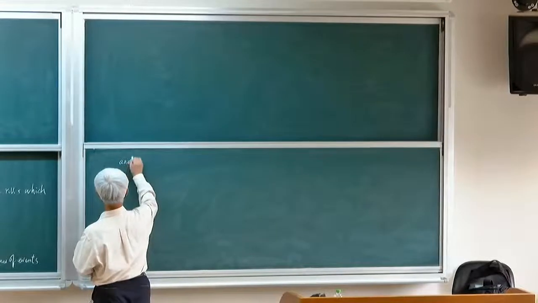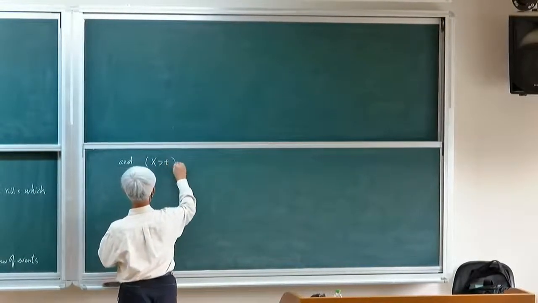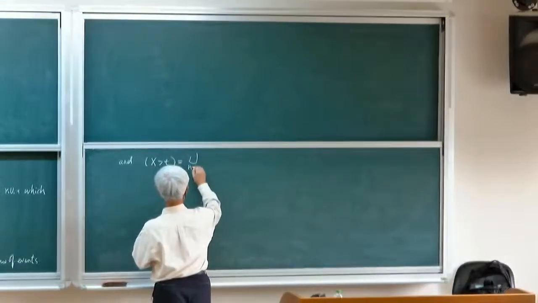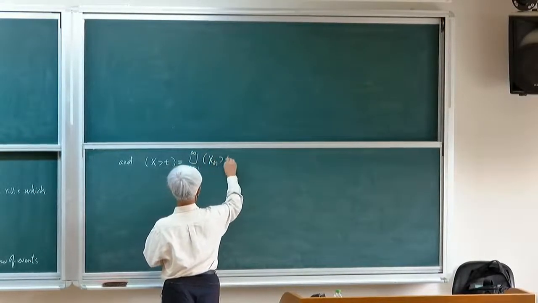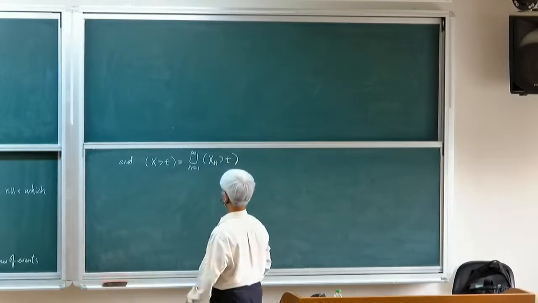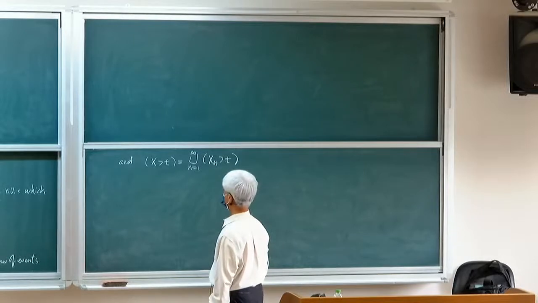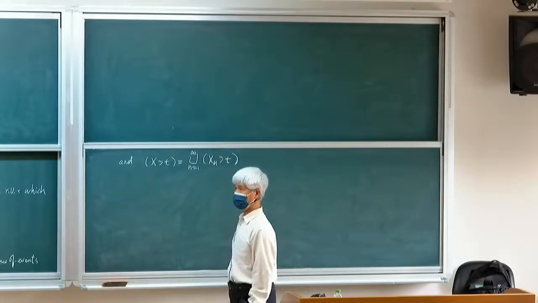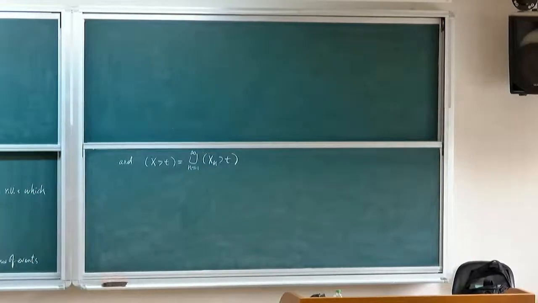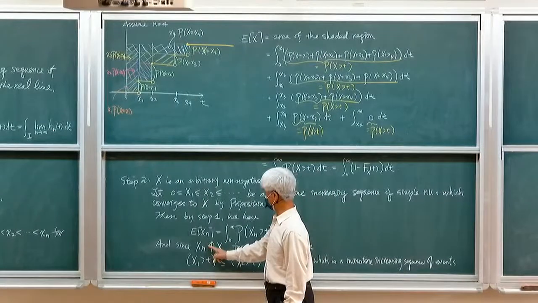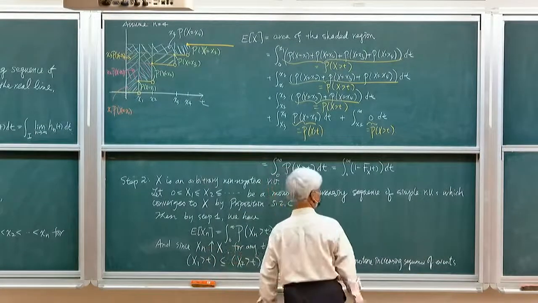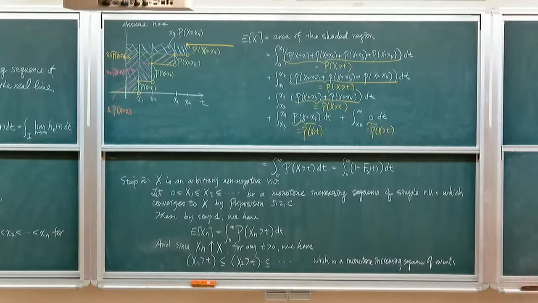And we know that the event X greater than t is equal to the union of the events Xn greater than t, because Xn will increase and the limit of Xn is equal to X. So the event X greater than t is equal to the union of these events.